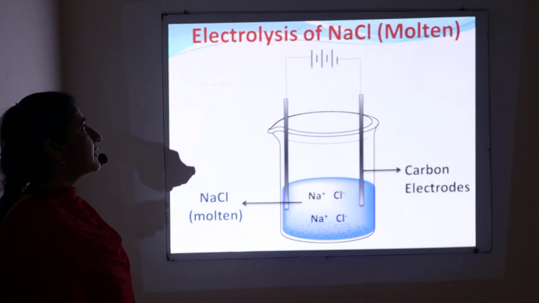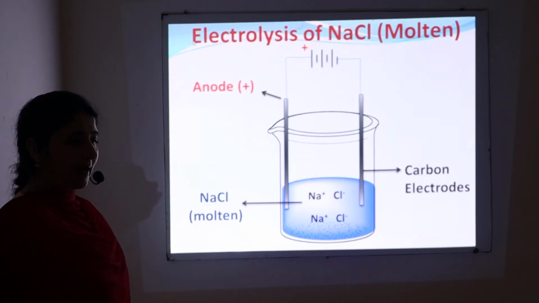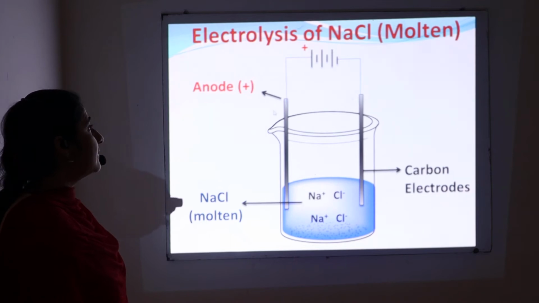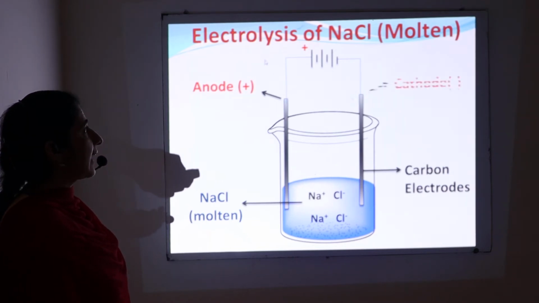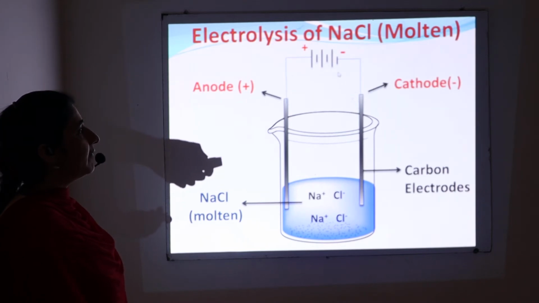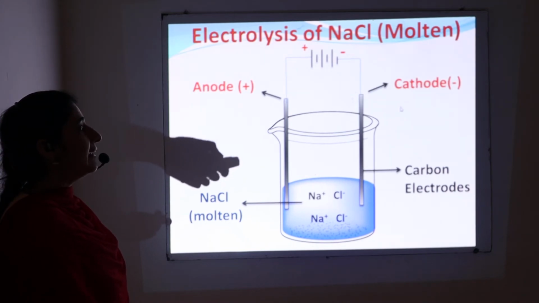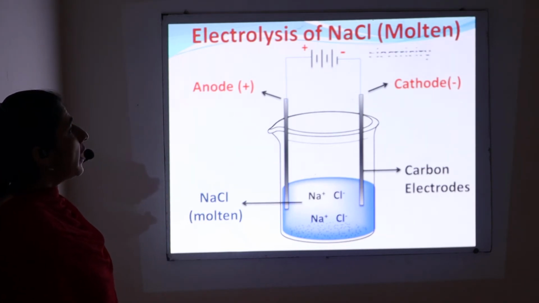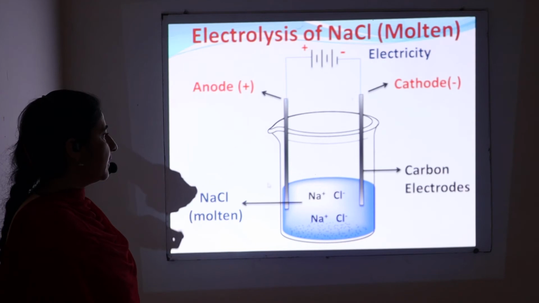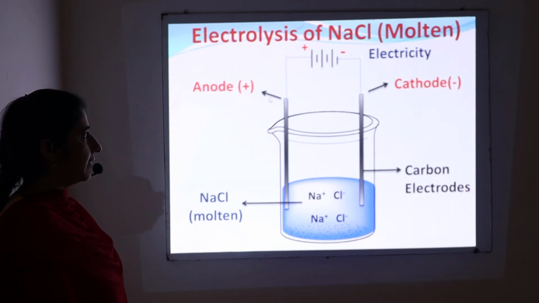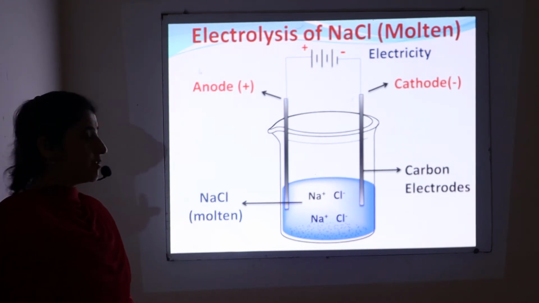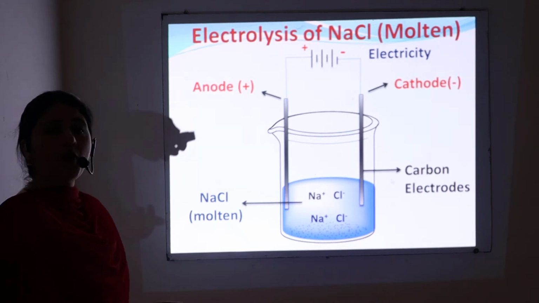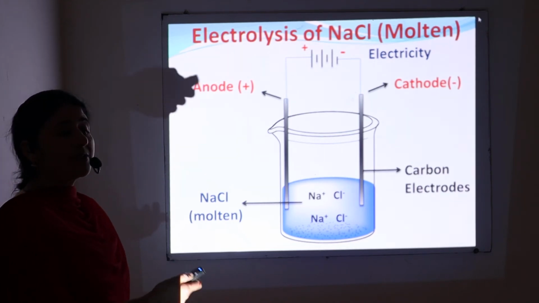The electrode connected to the positive terminal of the battery is known as anode and it is indicated by the positive sign, whereas the electrode connected to the negative terminal of the battery is known as cathode and it is denoted by the negative charge. After passing electricity through the molten sodium chloride, oppositely charged ions move toward the opposite electrode.